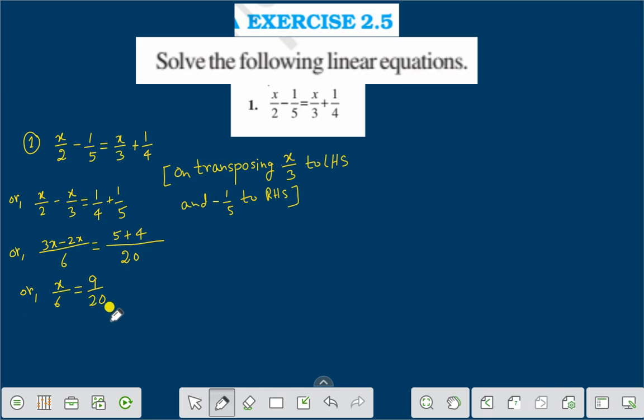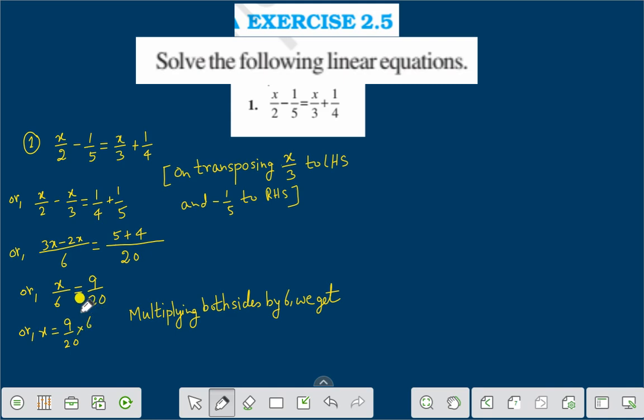Multiplying both sides by 6 we get x by 6 into 6, that is x, or x is equal to 9 by 20 into 6.